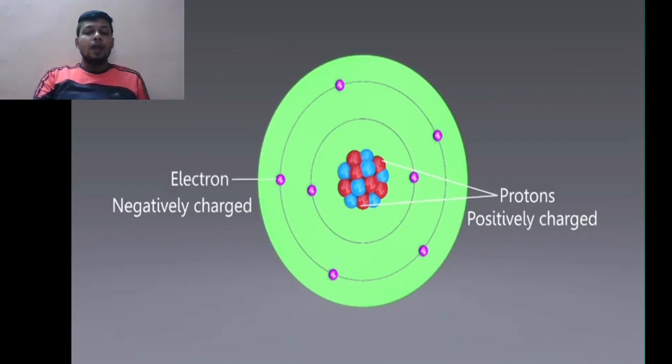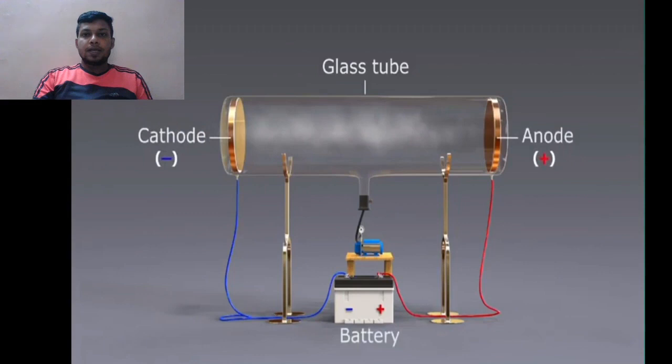So how did these charges, positive or negative, come about? It is because of the experiment conducted by J.J. Thomson. This is the setup of the cathode ray tube.